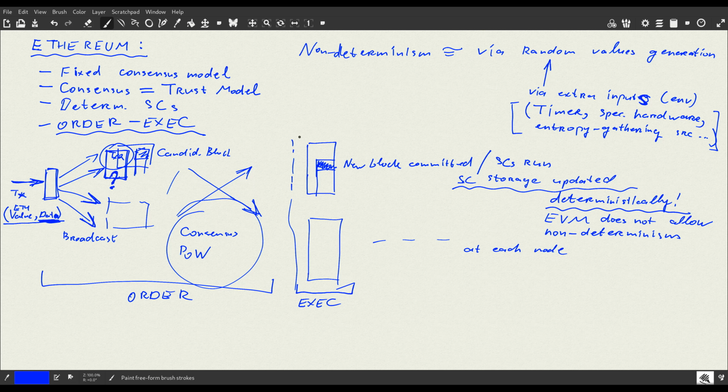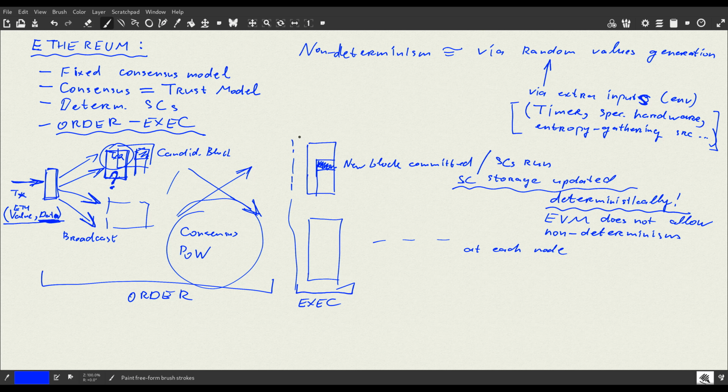So our consensus protocol says, yes, this block composed of those transactions 1, 2, 3, 100 is to be appended to the blockchain, committed to the blockchain. Why do we need to run this smart contract exactly in the same way on each and every node?